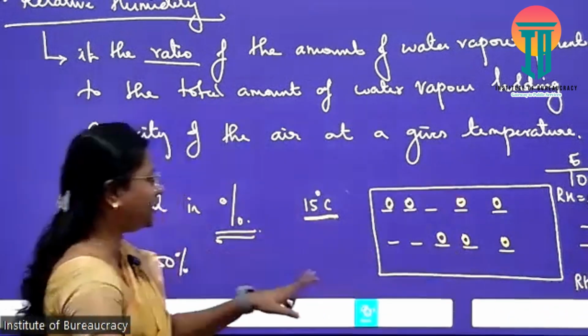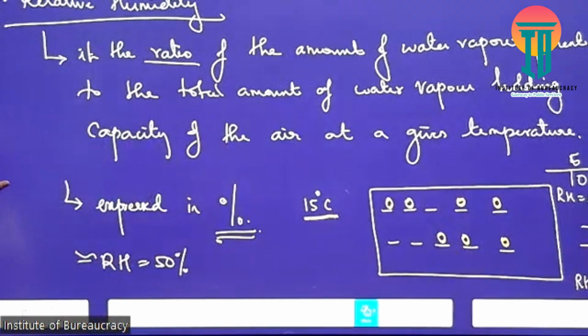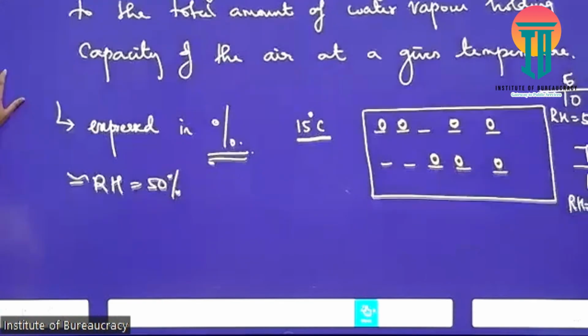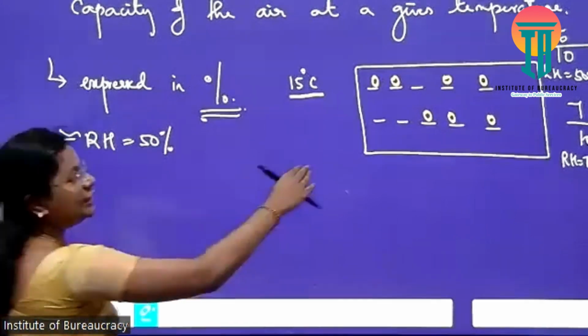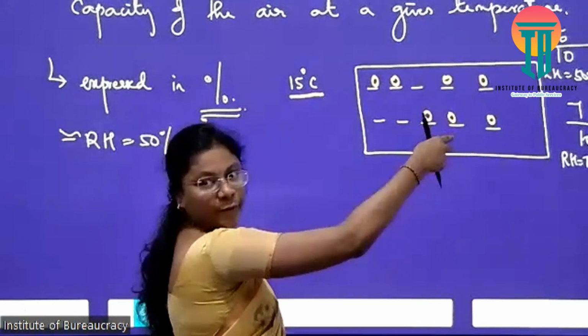Why does this case scenario keep coming up? Because, what are the chances of increasing relative humidity? When does relative humidity increase? Whenever there is an increase in the water vapor.